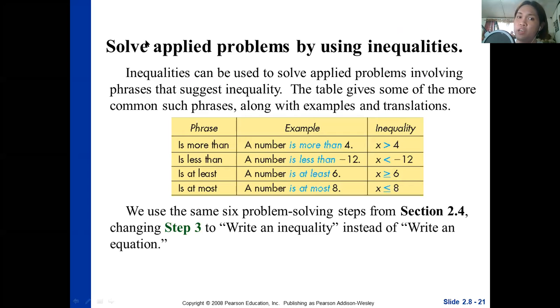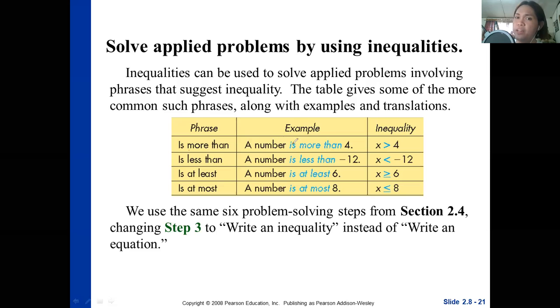As you can see, we have the phrase "more than." An example: a number is more than 4, and that gives us the inequality x is greater than 4. Another is "less than": a number less than negative 12 gives us the corresponding inequality symbol.